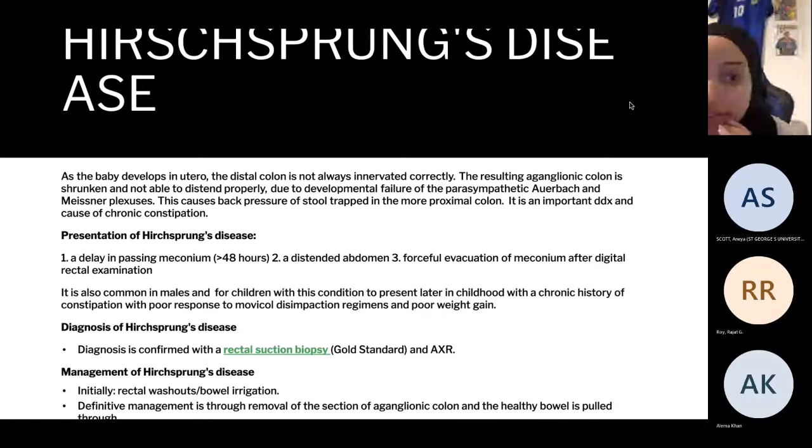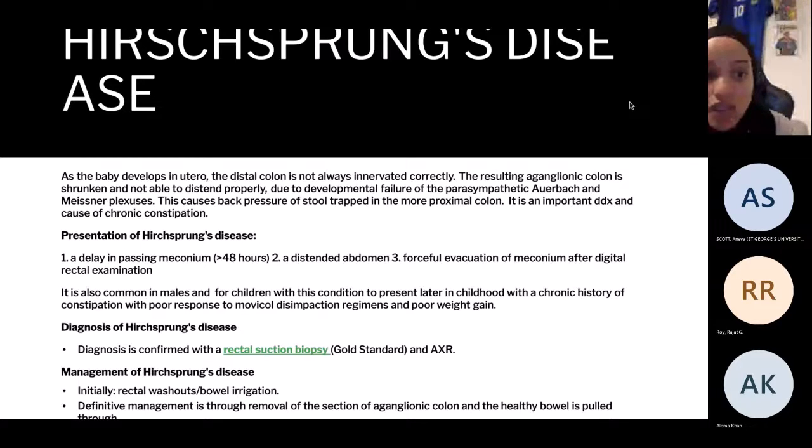What happens is you've got stool that isn't able to come out, and it leads to back pressure of the stool trapped in the proximal colon. It's a very important differential diagnosis for chronic constipation as well. So this is one of the other causes of chronic constipation.